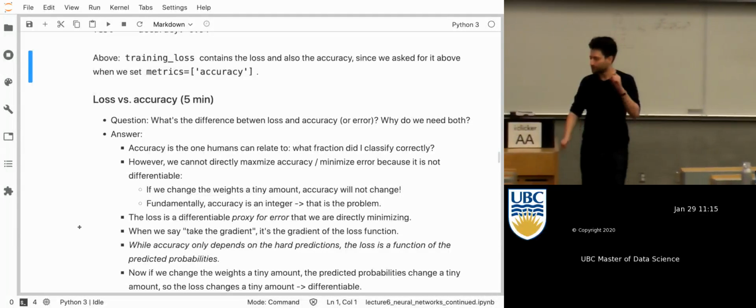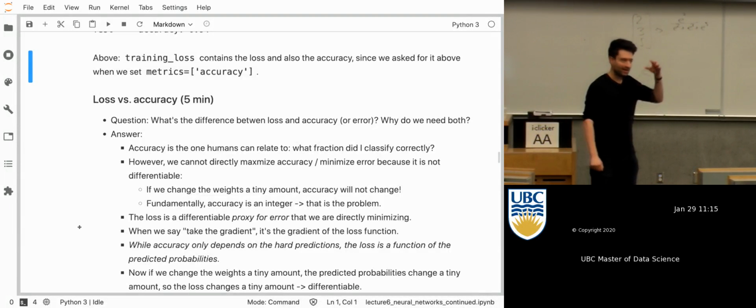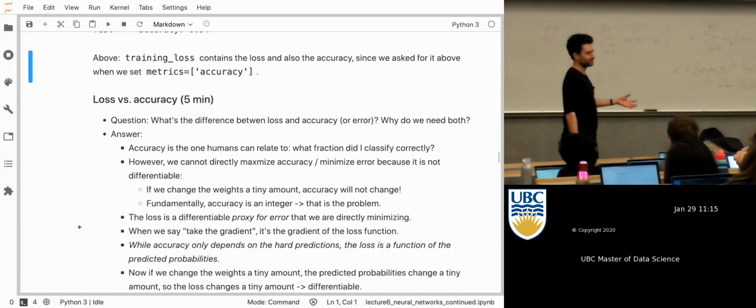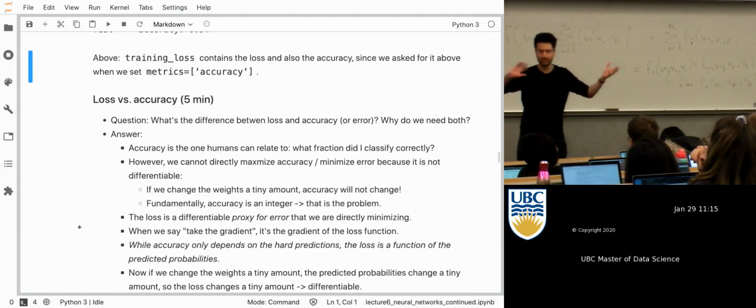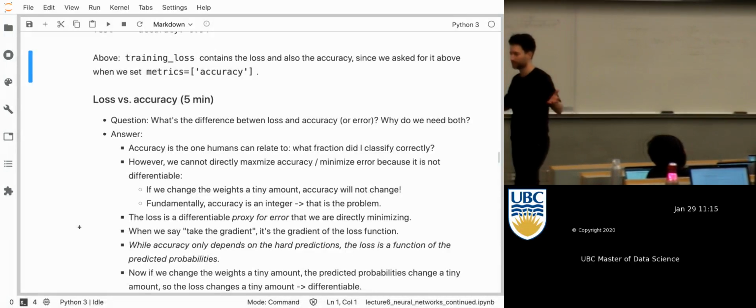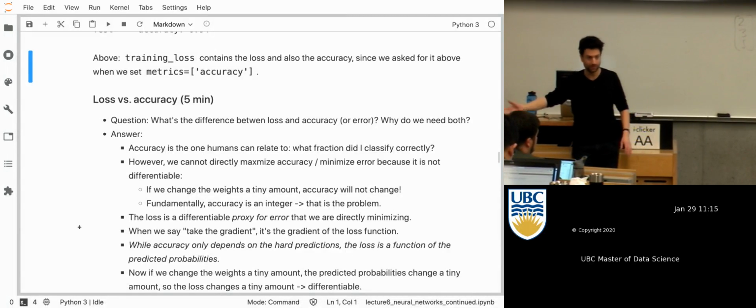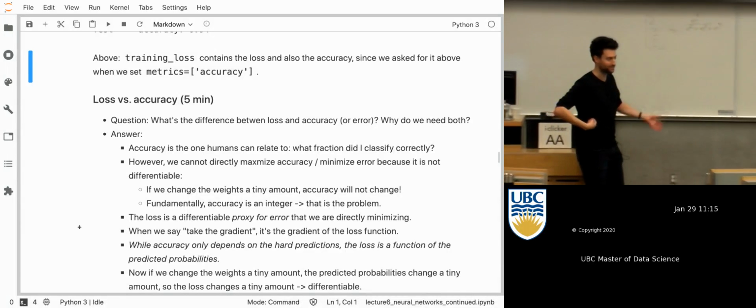So now if you change the weights a teeny, tiny bit, all the probabilities will change just a tiny bit too, and so the loss will change just a tiny bit too, and that's what you want, that continuous relationship between your parameters and your loss, so you can say, what is the derivative? What is the best direction to go in? Okay, I'll take a step in that direction, the loss will change, et cetera, et cetera.